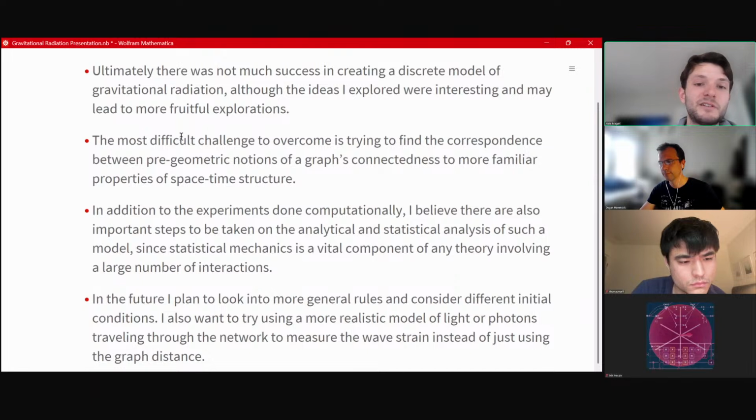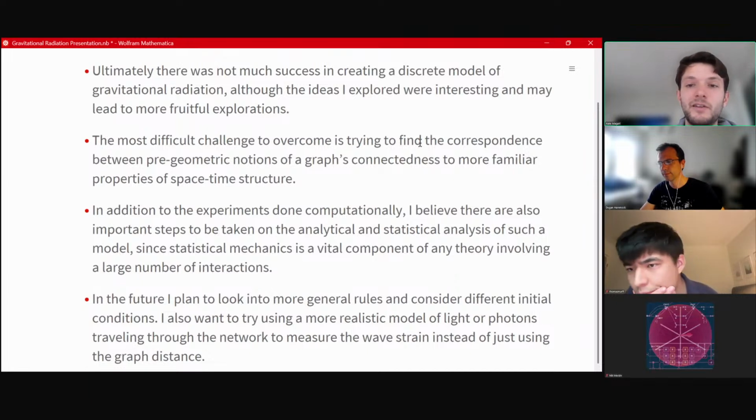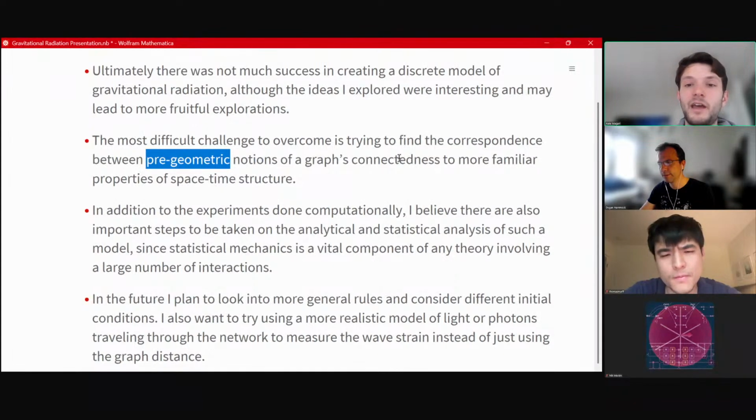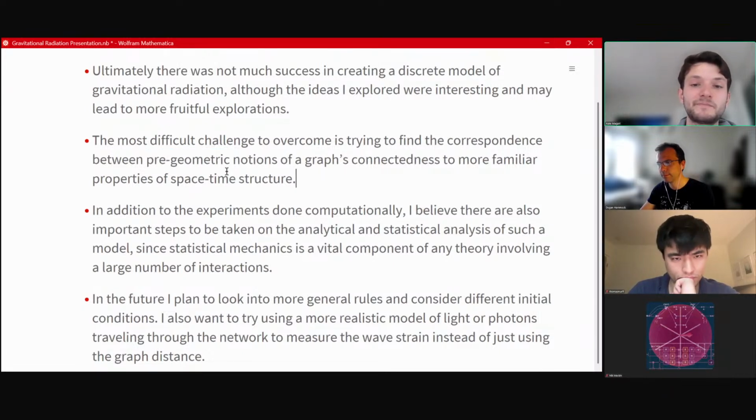Yeah, I think the most difficult challenge that I have with this is trying to find a correspondence between the pre-geometric notions of just how the graph is connected with edges, and the more familiar properties of space-time.